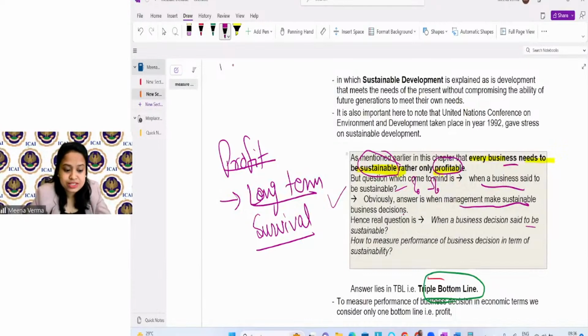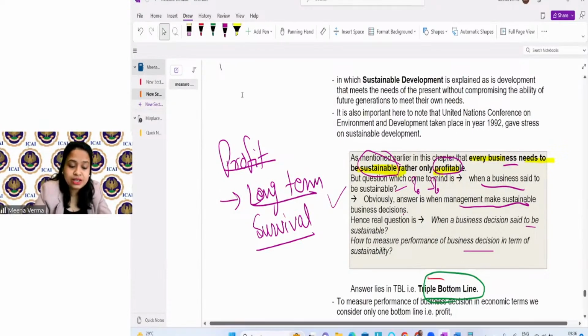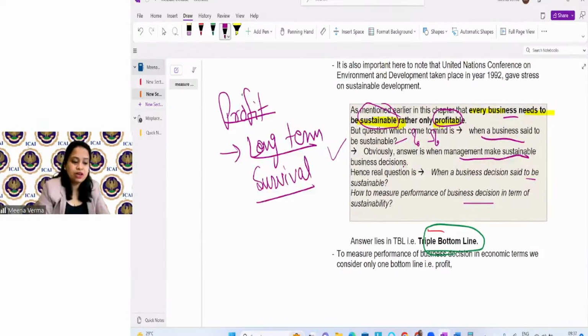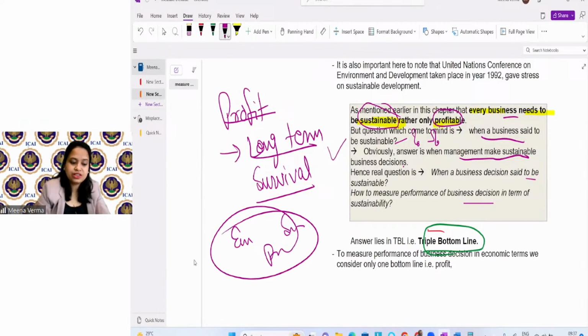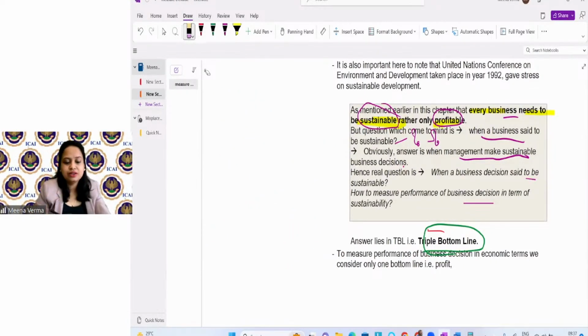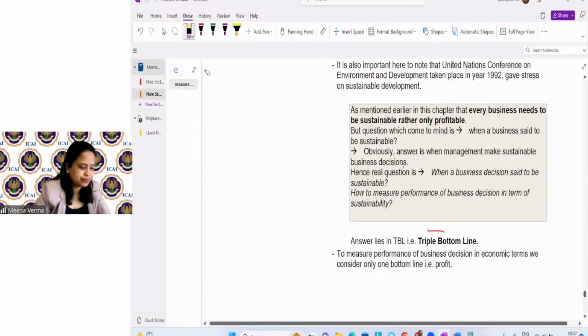What type of business decisions for sustainability? These three things, right? What are these three things? Environment, society, and profitability. Three things are important, right? Environment should be happy, society should be happy, and the company is earning profitability, right? So this is what is written here.